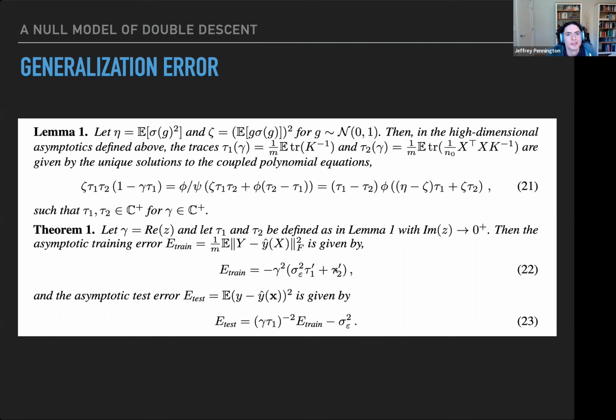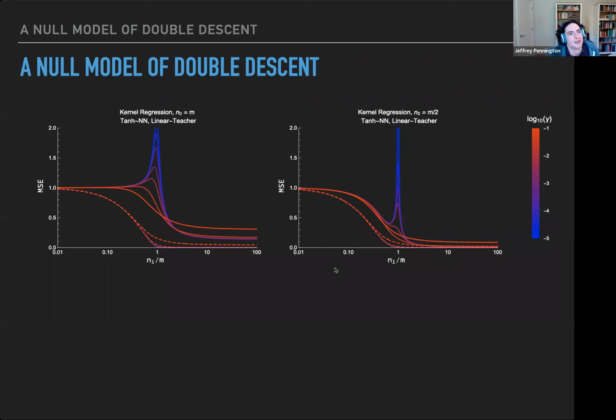So I won't go through the details, but when you numerically evaluate those results, this is what you get. Probably simplest just to look at the right panel and the solid curves in blue, for example, which correspond to small regularization. The x-axis you could think of as the number of parameters, the y-axis is the error, and you can see that you are exhibiting this double descent shape.